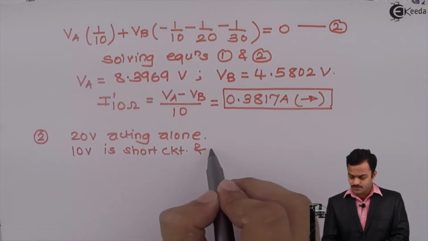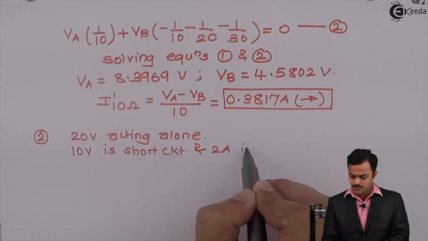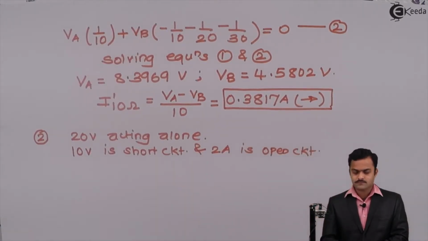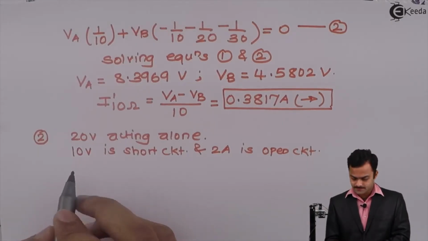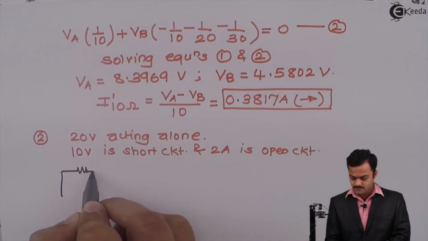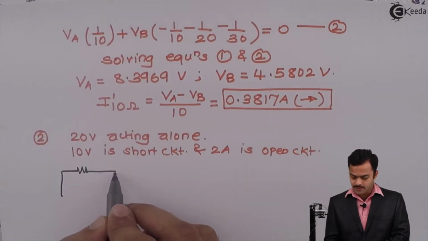And a current source of 2 ampere is open circuited. Circuit will become like this. 10 volt is shorted. I am open circuiting 2 ampere.